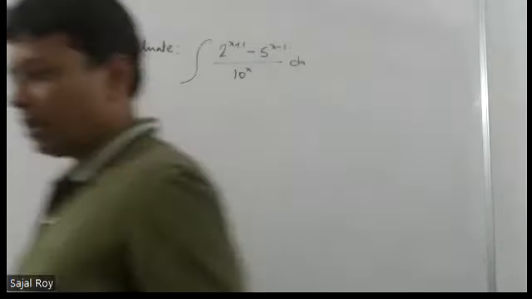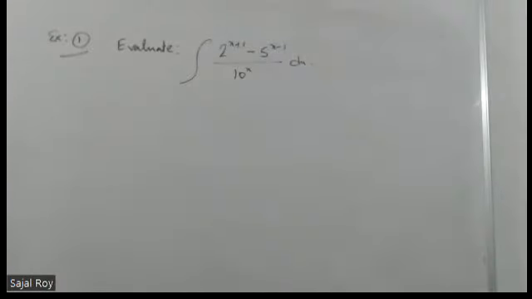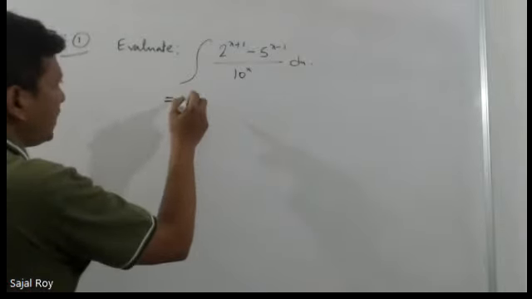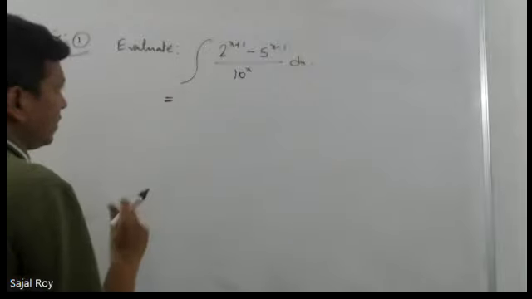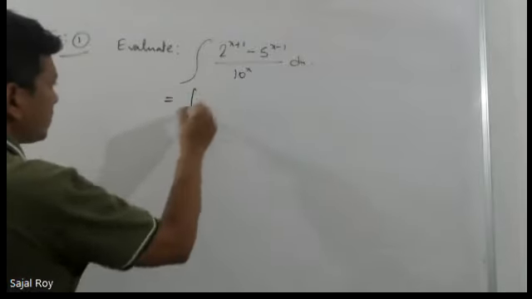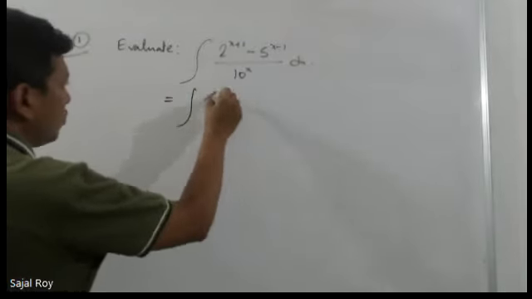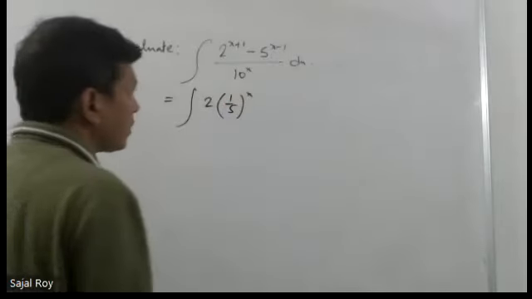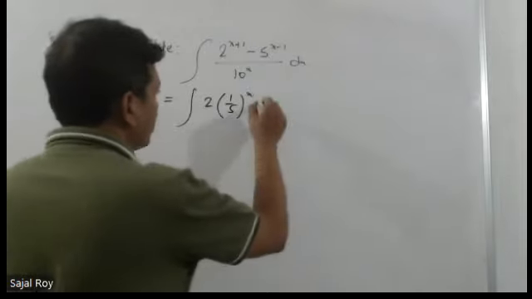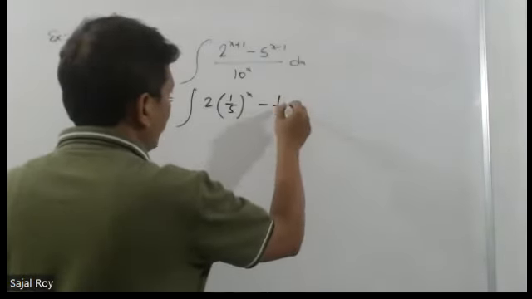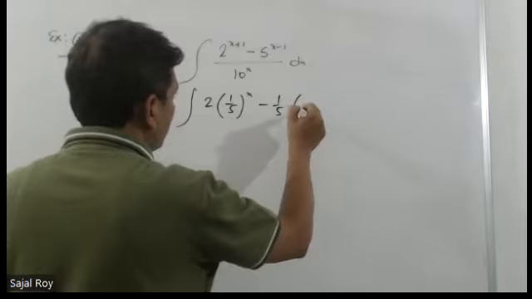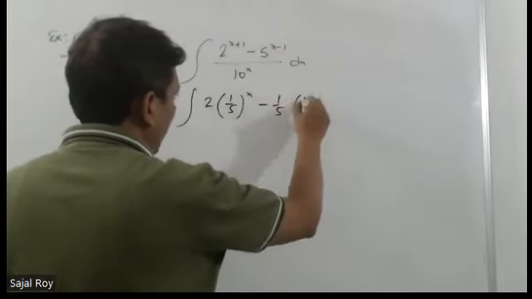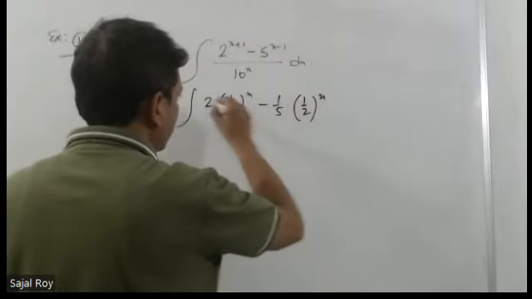How to do this? First of all, the first step is to split into two parts. That is 2 into 1 over 5 whole to the power x minus 1 over 5 into 5 to the power minus 1 half to the power x, right?